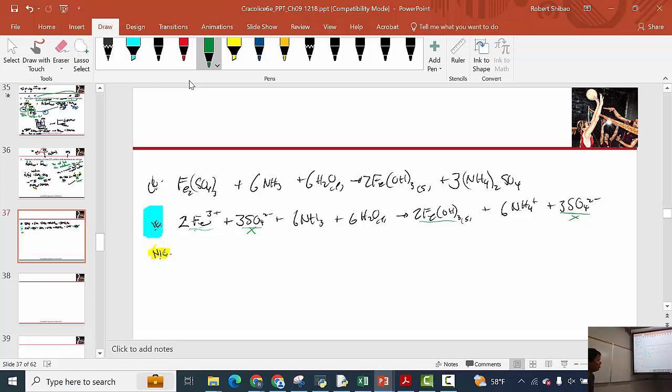Water, there's no water on the right, and so those change. And so the only spectator will be sulfate. So let's eliminate the sulfate, and so we're going to get 2 iron 3 plus, 6 ammonia, plus 6 waters. This is going to yield 2 Fe(OH)3 solid plus 6 ammonium.